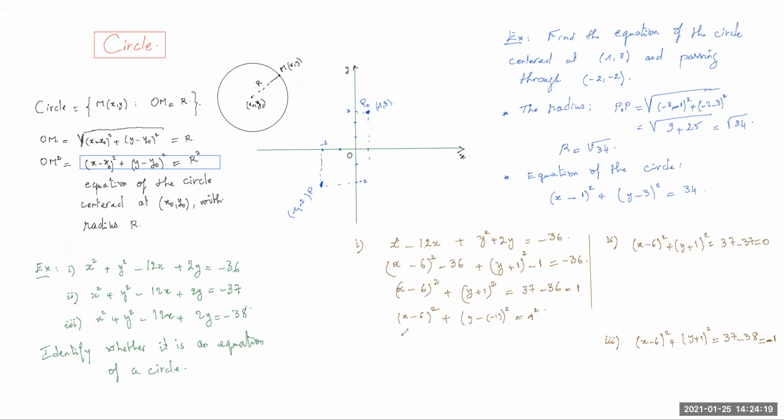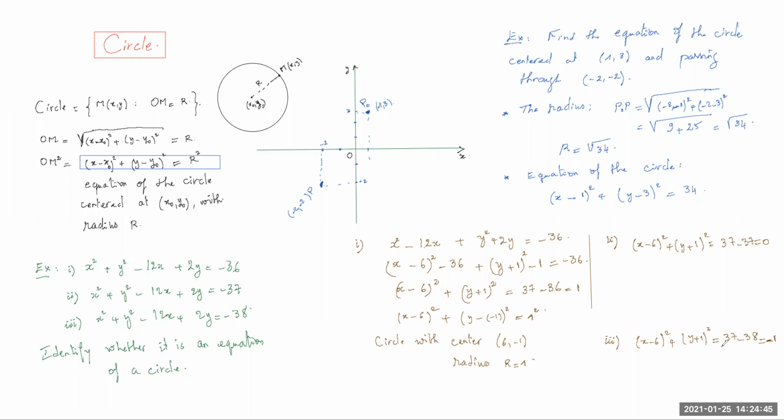So I see it's a circle with center (6, -1) and radius 1. So here we have an equation of a circle.